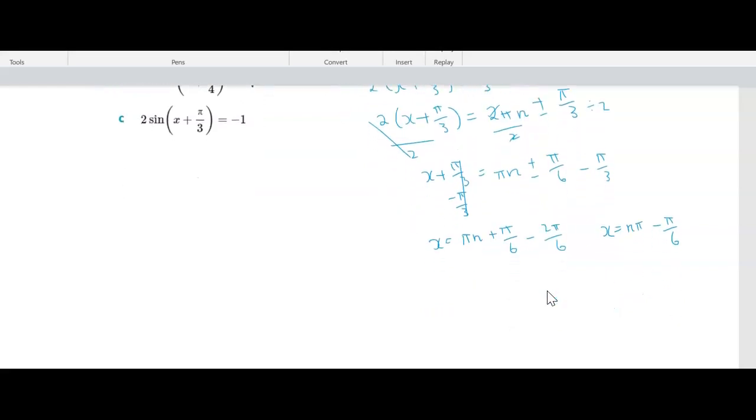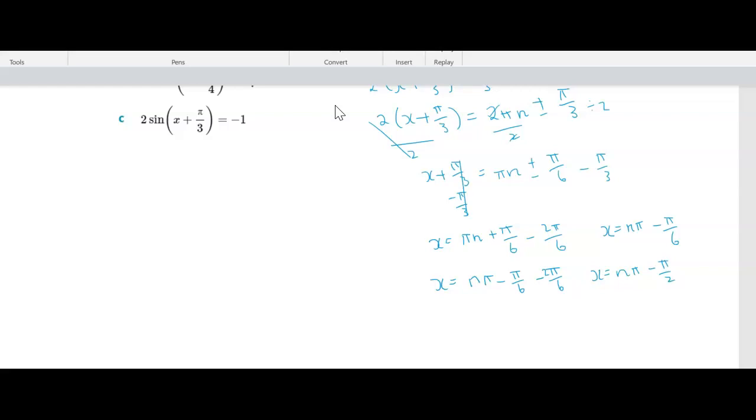And then the other solution is n pi minus pi on 6 minus pi on 3, which is the same as 2 pi on 6. Probably should have written that. So x is equal to n pi minus 3 pi on 6, which is pi on 2.